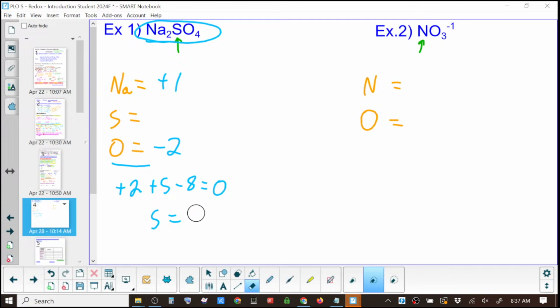This is sulfur, it's not a 5. It's -6. No, plus 6. Hands up for +6. Hands up for -6.